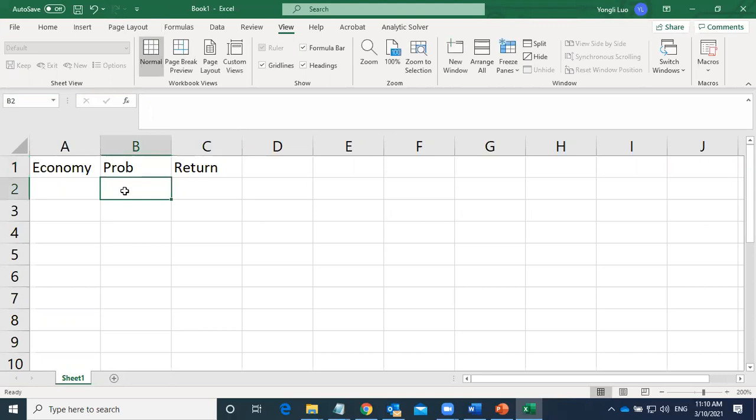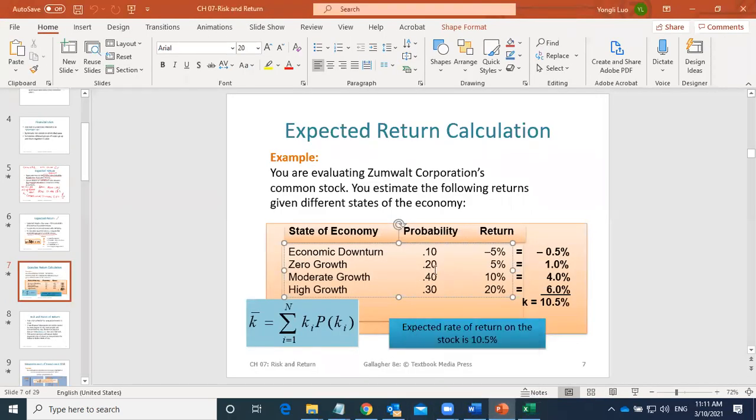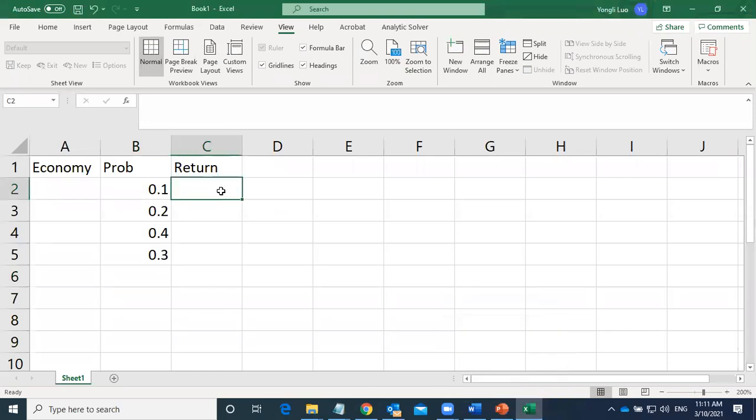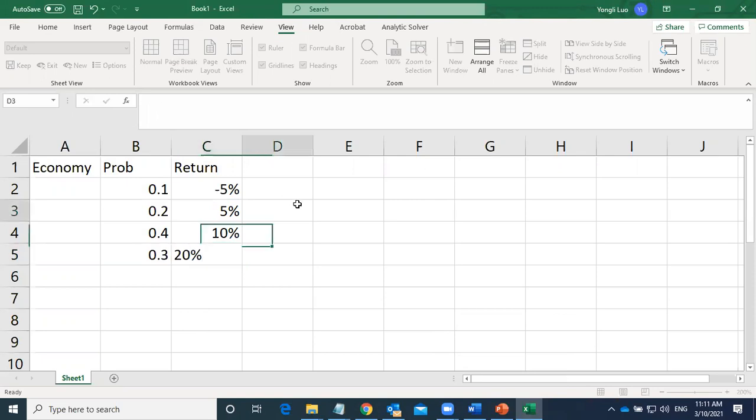The probabilities are 0.1, 0.2, 0.4, 0.3. Look at the PowerPoint slide here: 10%, 20%, 40%, 30%. The returns are negative 5, 5, 10. Okay, so that's the return.